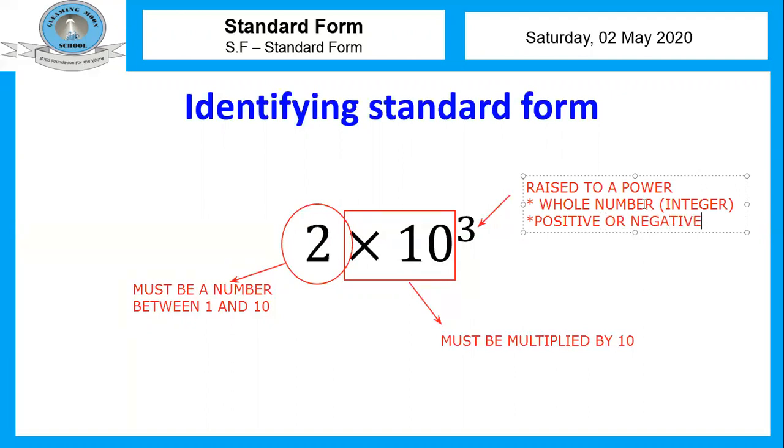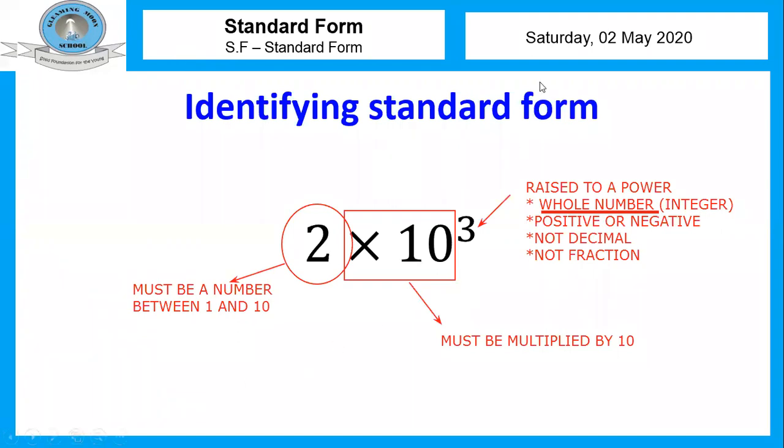It is not a decimal, and it is not a fraction. It must be a whole number. Always remember that. That is the key.